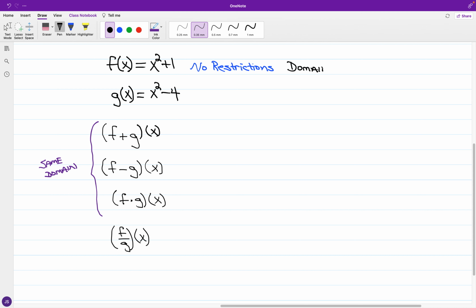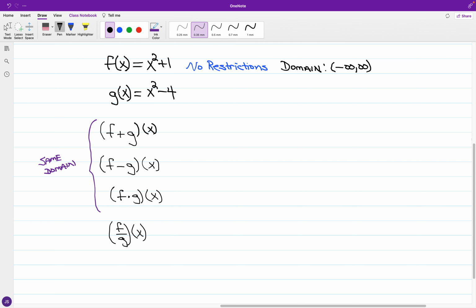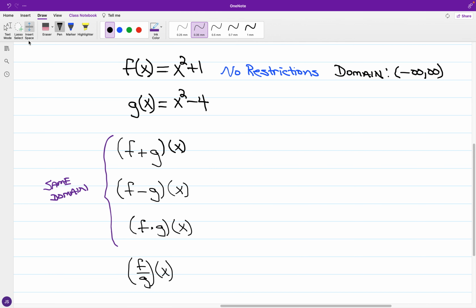Again, we can plug in any negative, 0, or positive value for x, and so it'll come out to a defined expression for f of x. And the same thing applies for g of x. You can plug in anything for x from the real number system and come out to a defined output. So like f of x, g of x also has no restrictions, and the domain is also going to be the set of all real numbers.